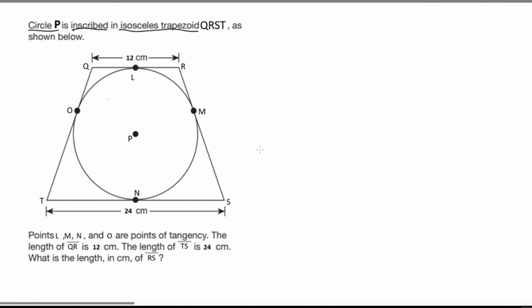So first what we're going to do is prove that QL is congruent to QO, RL is congruent to RM, NS is congruent to MS, and OT is congruent to NT.